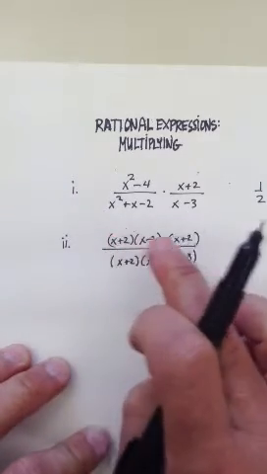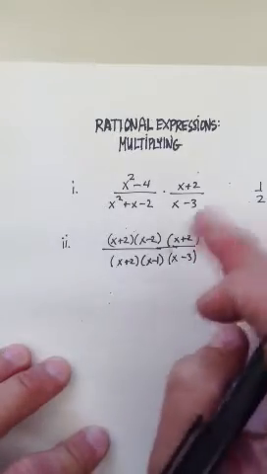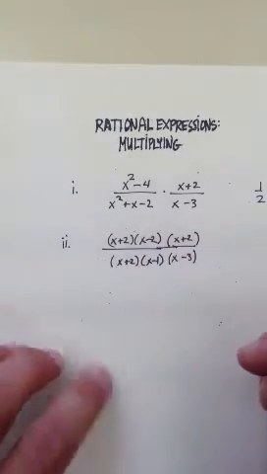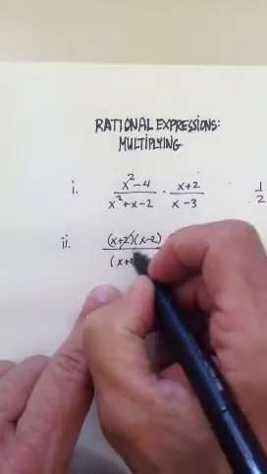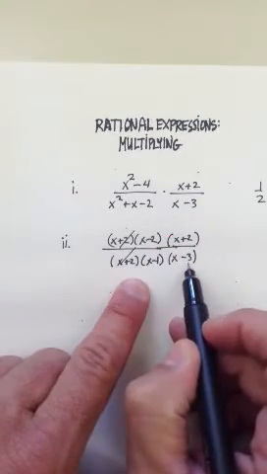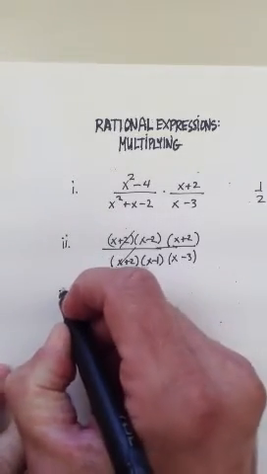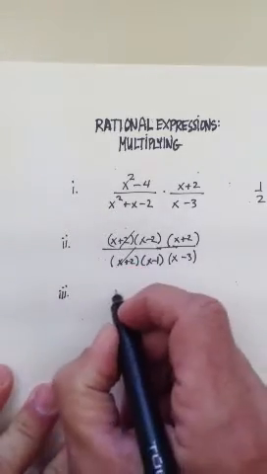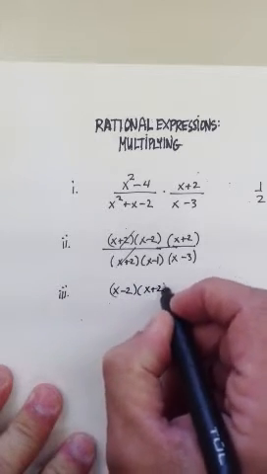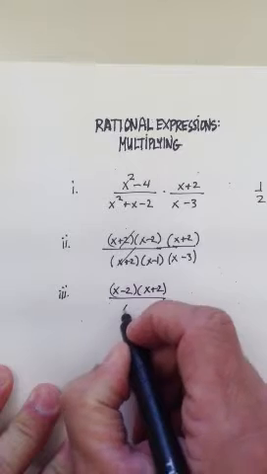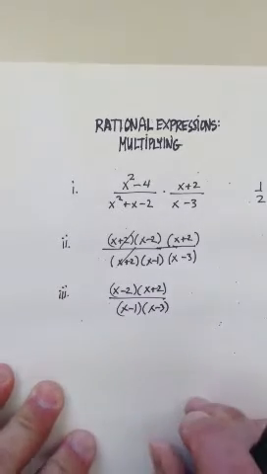Now that I've got factored polynomials in the numerator and the denominator, I look for wherever I can cross out the ones. You'll notice that there's one right here, and that looks like it's pretty much it. So I'm going to leave that in factored form: x minus 2 times x plus 2, over x minus 1 times x minus 3.